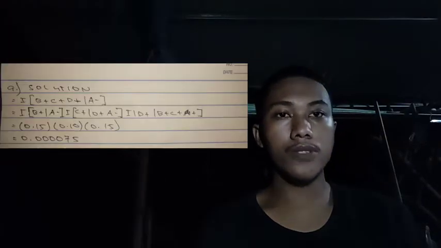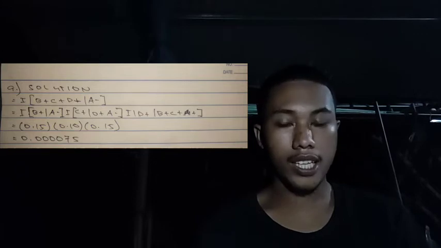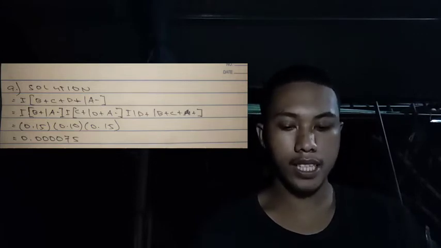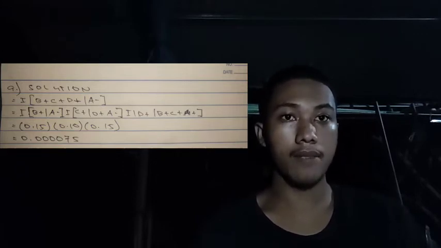In question A, find the probability that the laboratory will falsely assume the presence of COVID-19 virus in the sample. The solution of this question is P times B plus, C plus, D plus times the A minus.